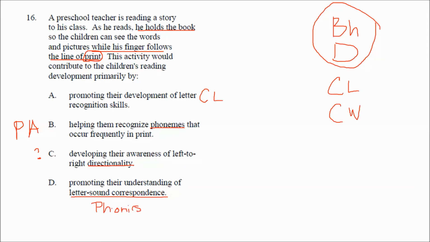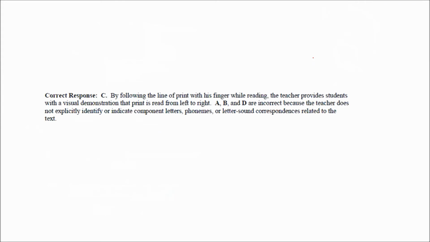So this is above a level. So the answer is C, directionality. The finger that follows the print line. And here we had already identified that this is living in the world of directionality. So just like in phonemic awareness, I had levels also here. To remember these and put them on the side will help you break down these questions. And there it is. It is C.